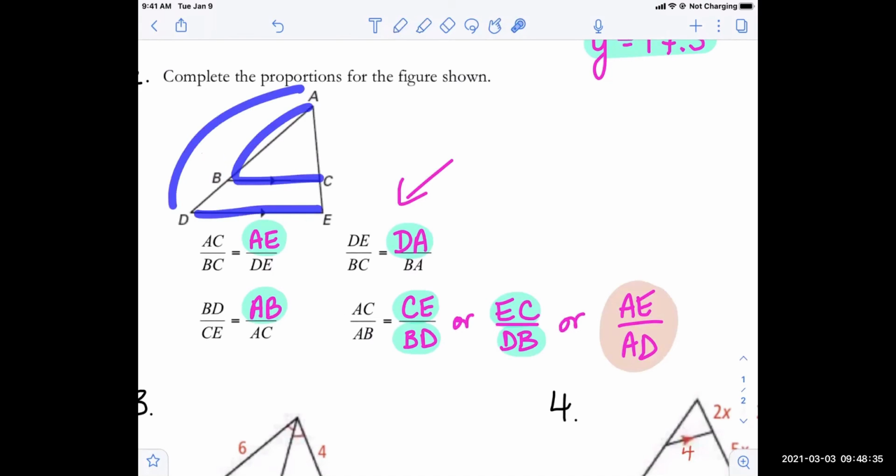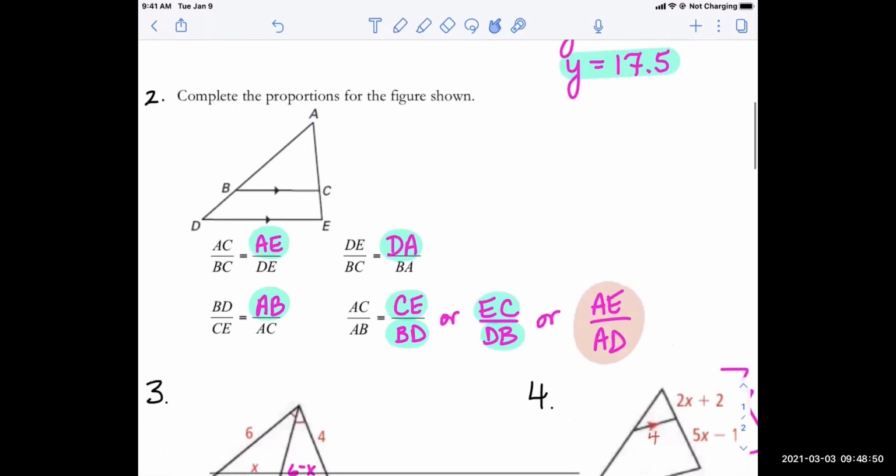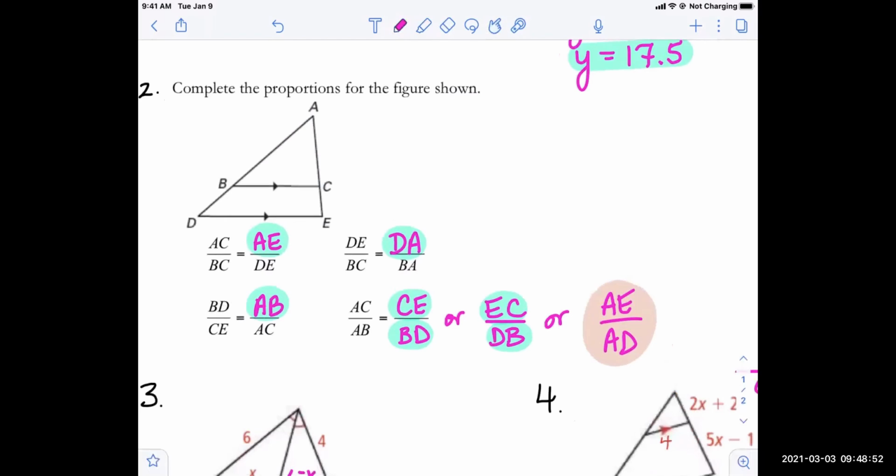Sometimes after you fill in what you think it is, if you go back and look at the picture again, it'll make you feel good, like, yeah, that makes sense, or wait, I wrote down something different than what I meant to. Double check yourself on those. These problems are intended to help you catch if you're setting up the proportions incorrectly.